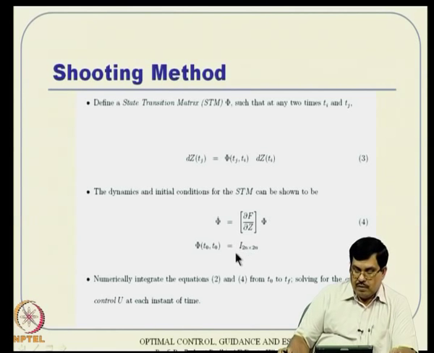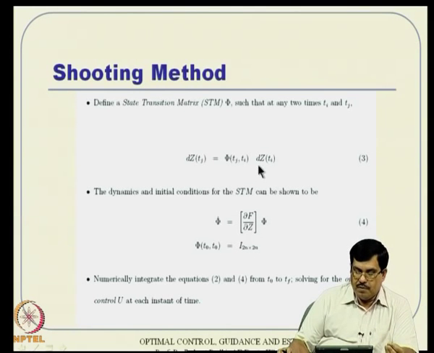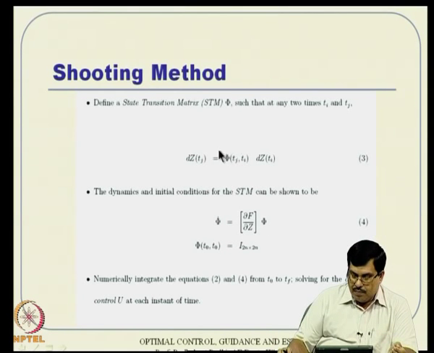So what is the beauty here? Irrespective of the problem definition, or the initial condition of the problem, this particular phi can be obtained independently from any t naught to t f. This is a differential equation with the corresponding initial condition. Well, we need the information of del f by del z also along the way.